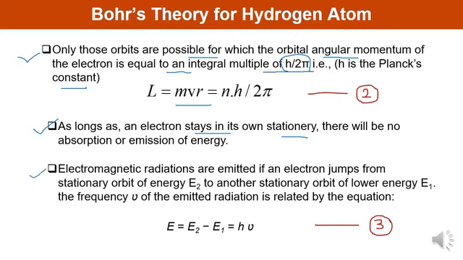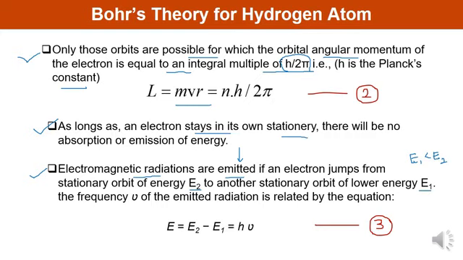Next point is that electromagnetic radiations are emitted. Point to be noted: if an electron jumps from a stationary orbit of energy E2 to another stationary orbit of energy E1, where E1 is less than E2, it means whenever an electron is jumping from a higher energy level to a lower one, it emits energy.